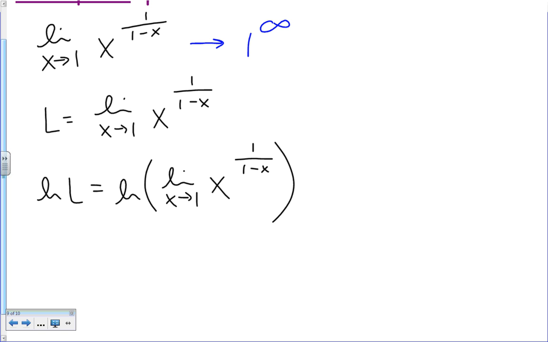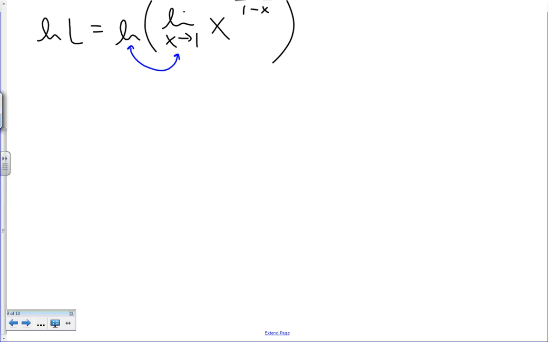Now, in order to use my log property, that's the whole reason for using logs here, I need to interchange the natural log and this limit. I need to switch those two. So in comes the limit function interchange property.